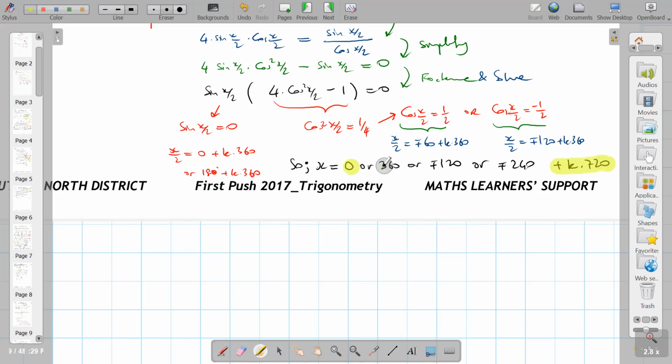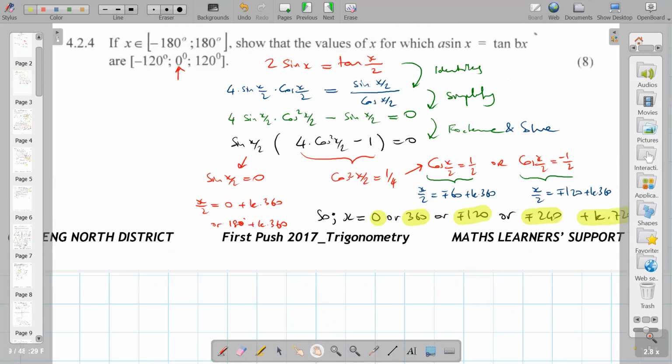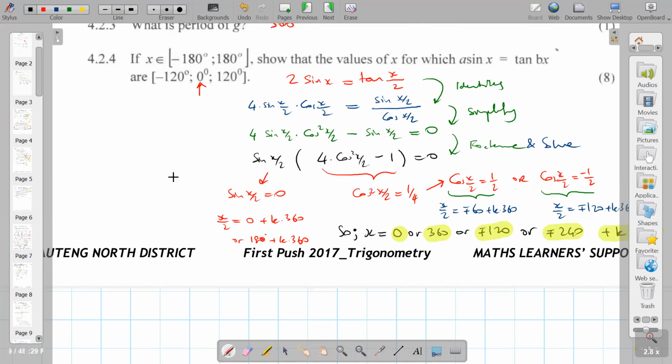So we got 0, we got 360, we got plus minus 120, we got plus minus 240. So in this interval, the ones we have are all there. So all is fine. You can just check. We got those values. So then you can smile. Actually, there is nothing more to do here. So look at those answers and look at what they tell us. So all is there.